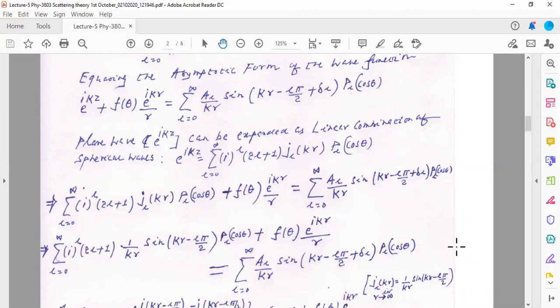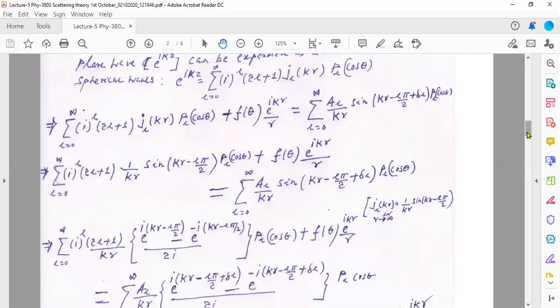Now what we will do is put in the value of sine of (kr minus l pi by 2), because we know sine theta is given by e to the power of plus i theta minus e to the power of minus i theta, divided by 2i. This expression is known to you from trigonometry.